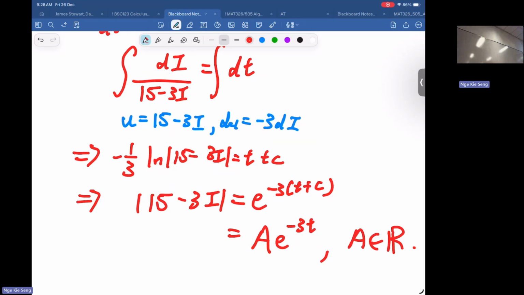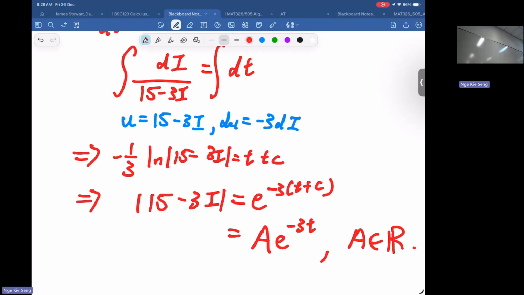So the absolute value here will always be true. Because if this i is pretty big, then this term can be negative.